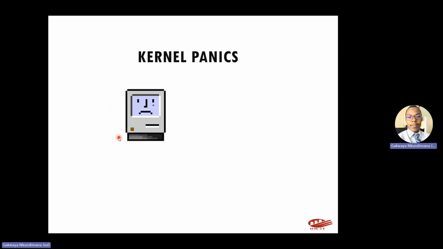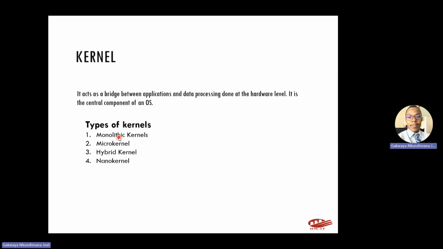Now, come to the last point here of kernel. Something called nano kernel. Nano kernel, as I mentioned, is still under development. I listed 4, and I mentioned that I focus on 3, which are very useful, right?